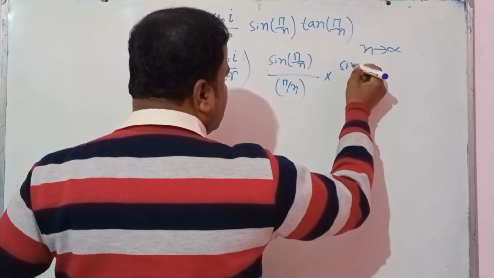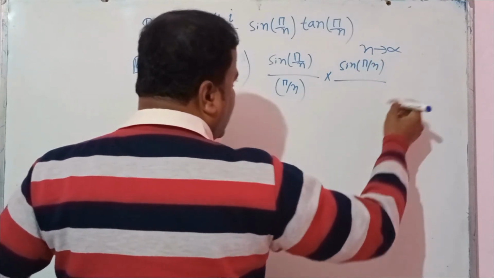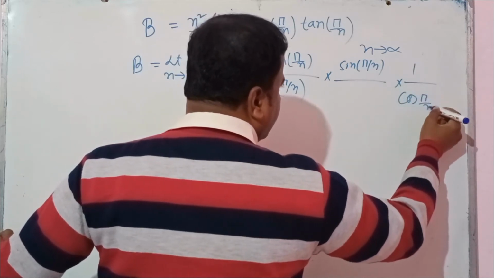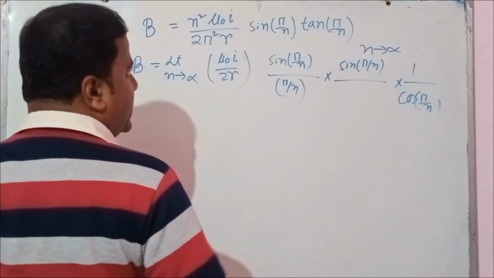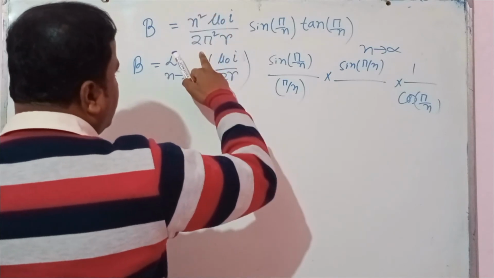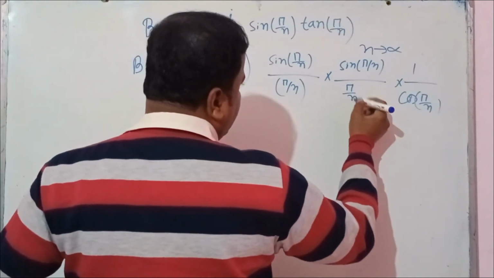This is sin pi by n by cos pi by n, 1 by cos pi by n. Sin pi by n upon cos pi by n equals tan pi by n, and another n square pi square. Here we take 1 pi by n, here another pi by n.